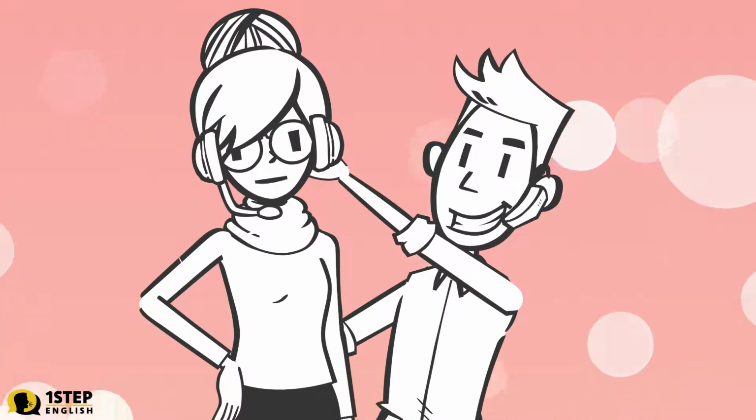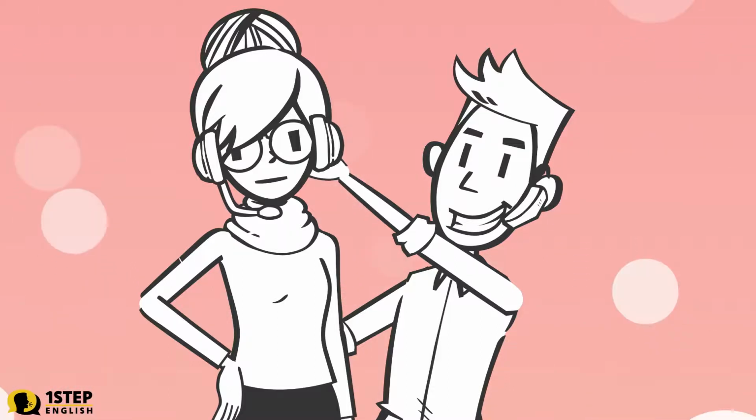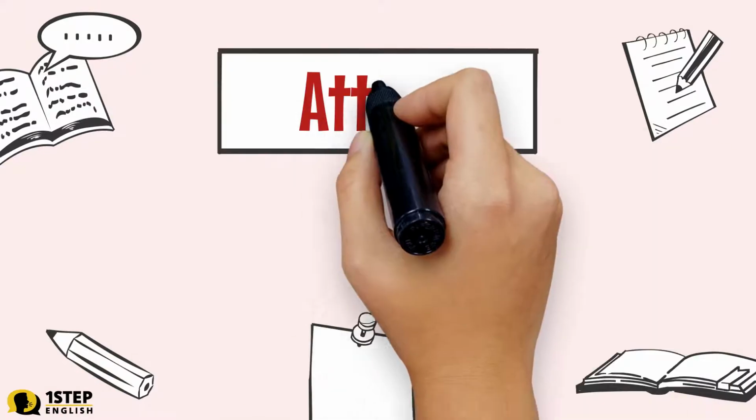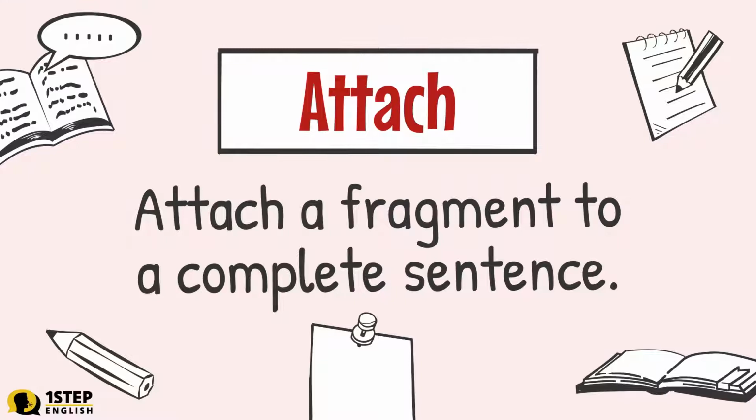There are some ways to make a fragment into a complete sentence. To be able to make a fragment a complete sentence, you need to attach it to a nearby complete sentence, to make one new sentence from it.